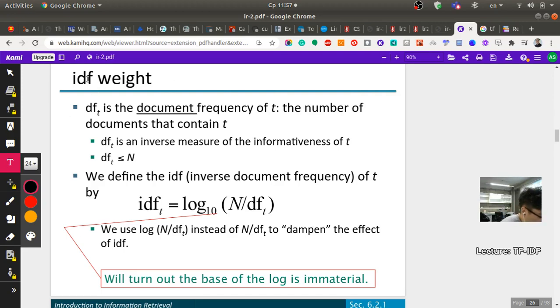Inverse document frequency: the number of documents that contain t. So this can be considered as something like this.